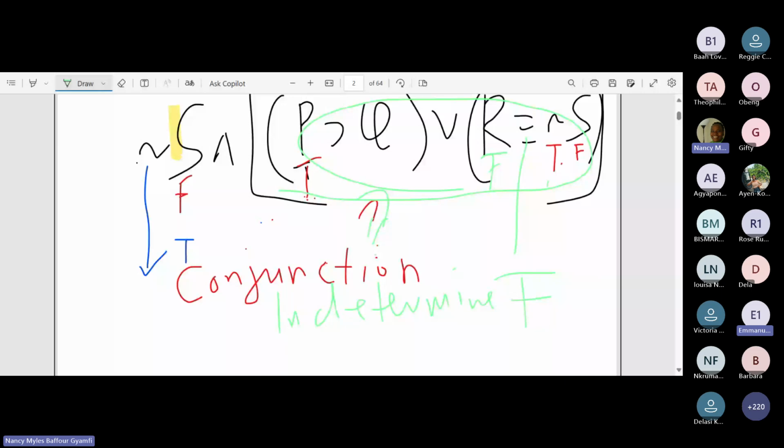Then we were given information about two of the atomic formulas. We're given the variable S to be false, and the variable P for Paul to be true. That's all we're given, and we're told to tell us the truth value of this conjunction. Emmanuel, are you following?